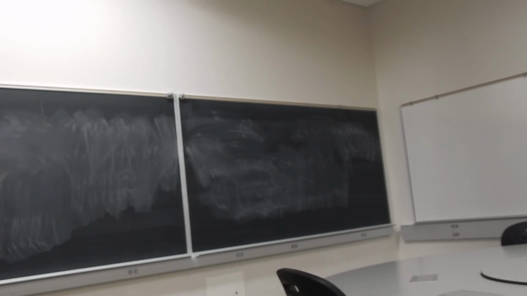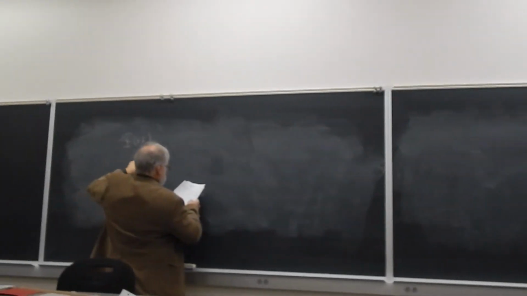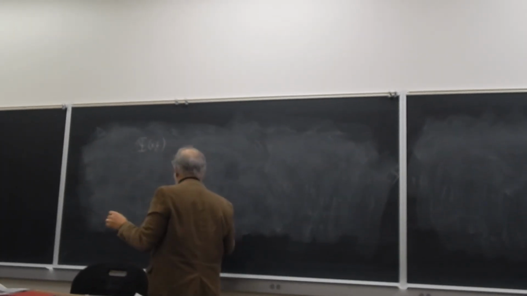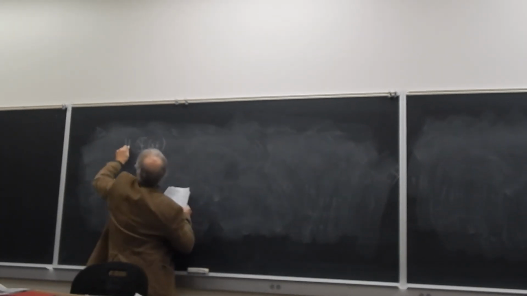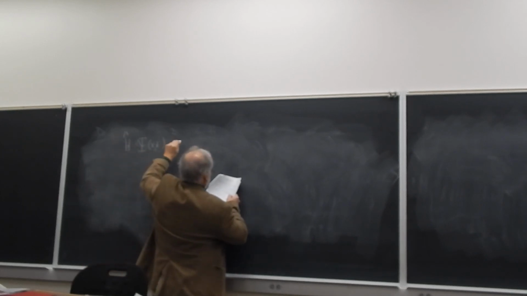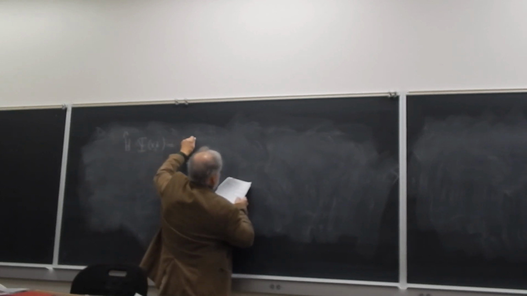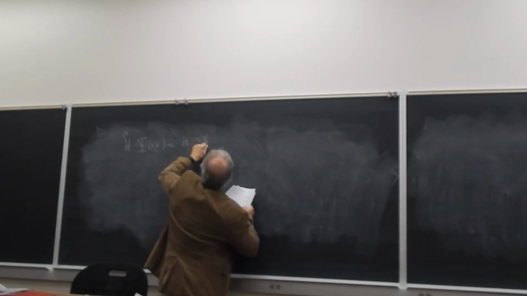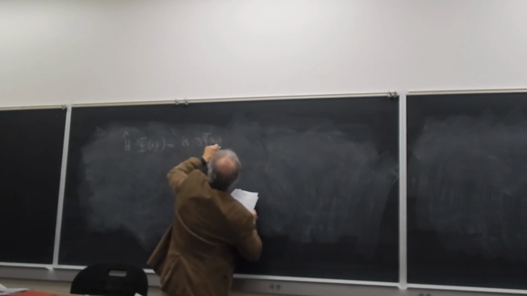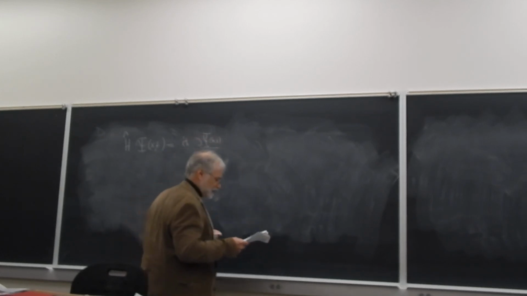So suppose capital psi of x and t solves the time-dependent Schrodinger equation. In other words, H applied to psi of x and t gives me i h bar d psi of x and t dt.